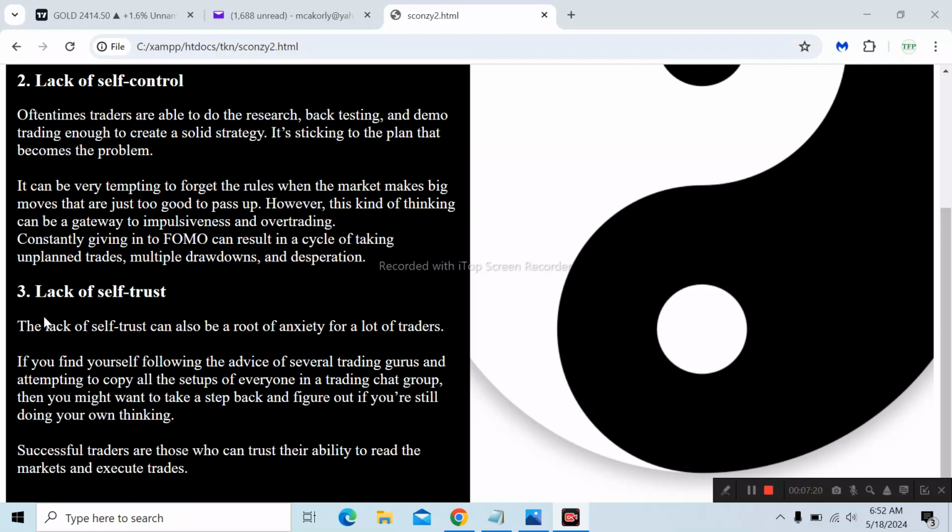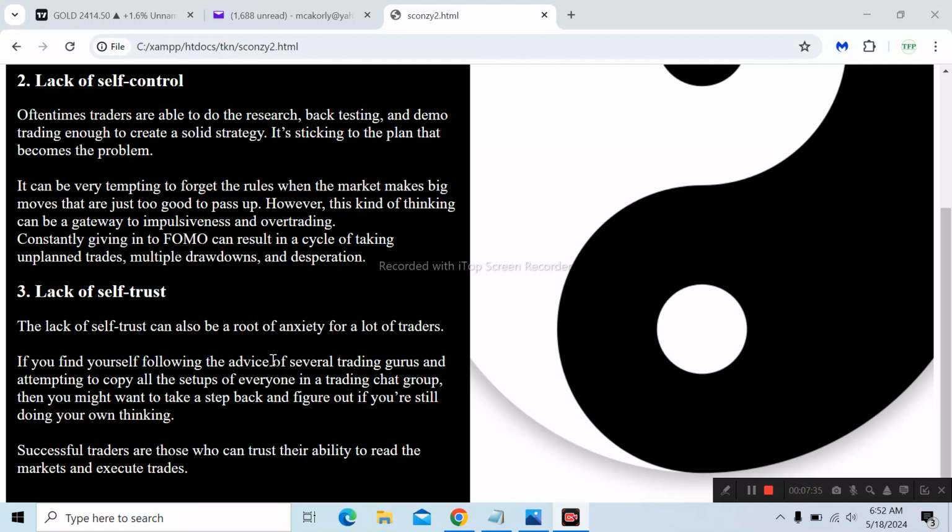Third one, lack of self trust. Many traders lack that. The lack of self trust can also be a root of anxiety for a lot of traders.